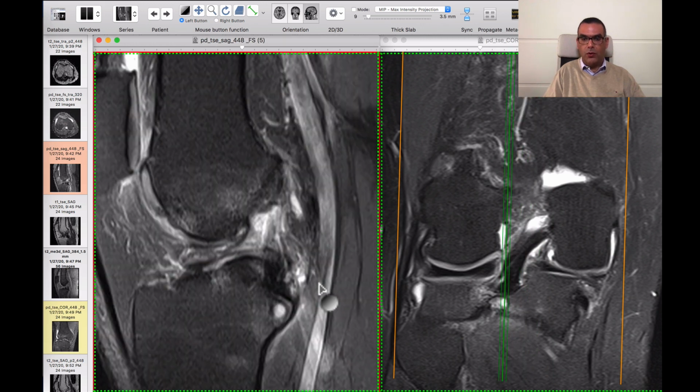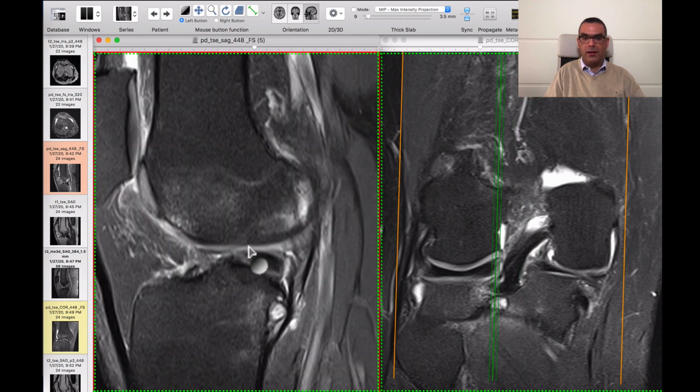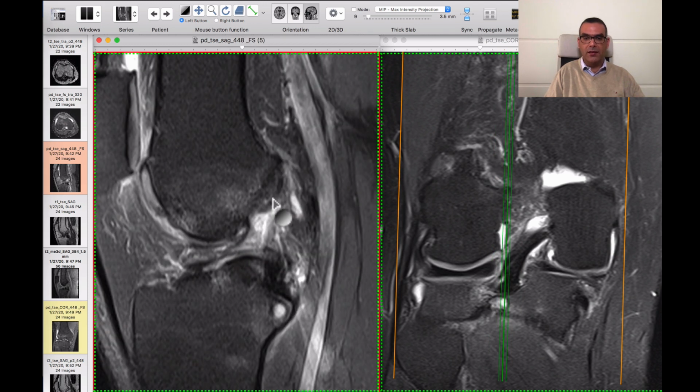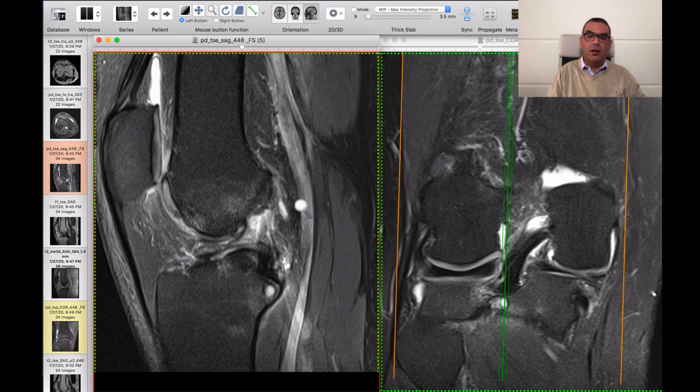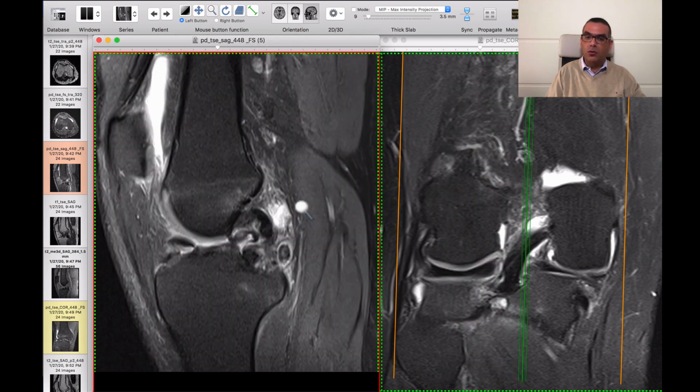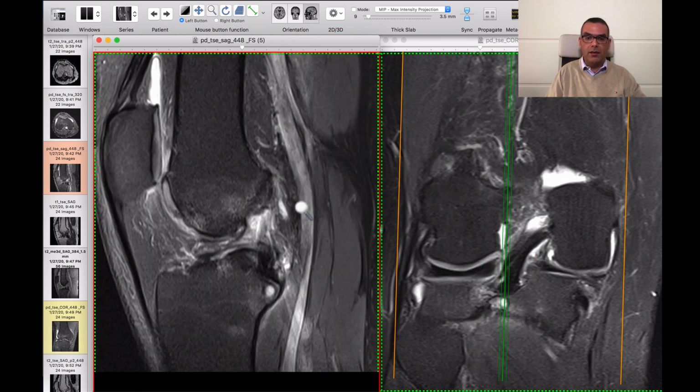So now we know there is a full thickness ACL tear, and you can, of course, clearly identify the ill-defined fibers of the ACL along its course. You don't see any intact fibers. If you just take a look at this area, you will note that the tibia is slightly anteriorly translated compared to the distal femur.